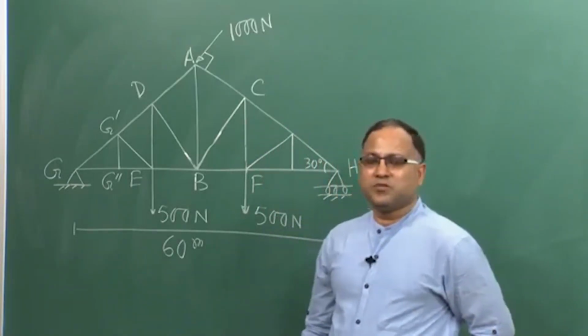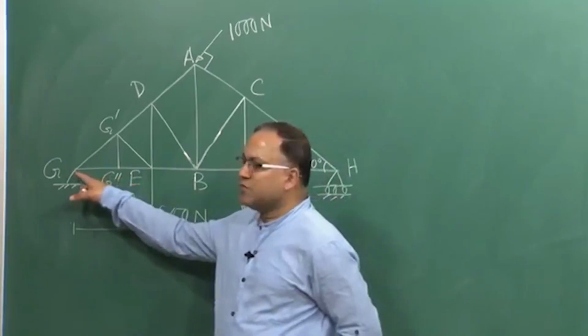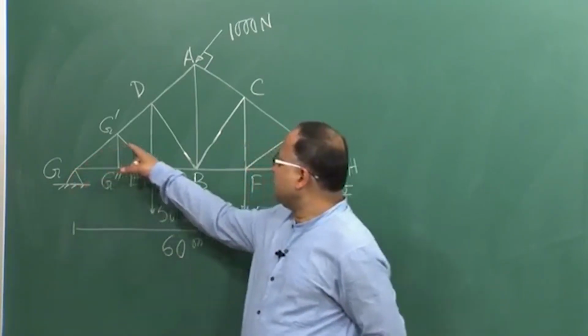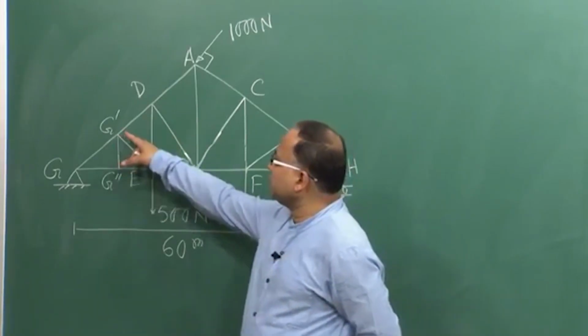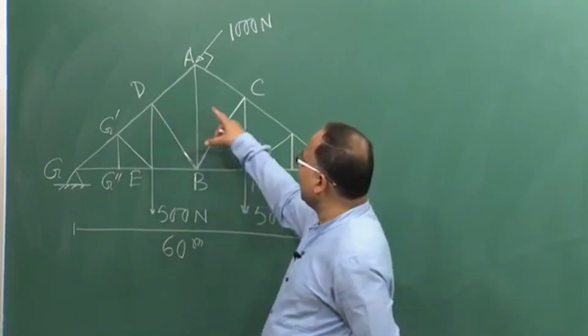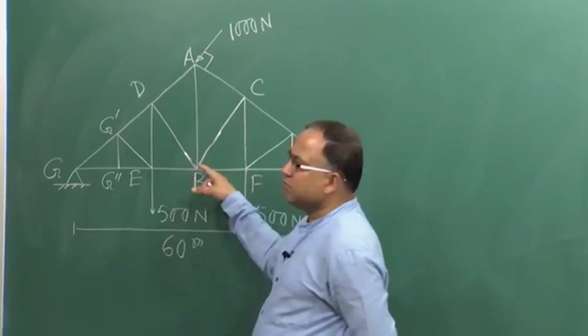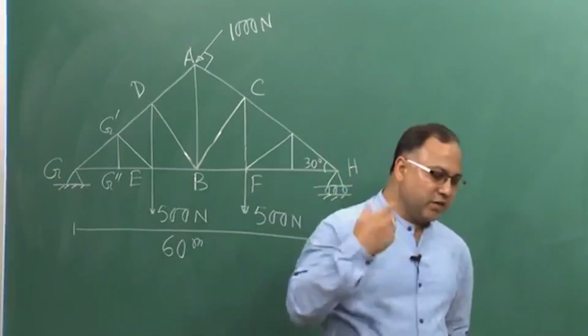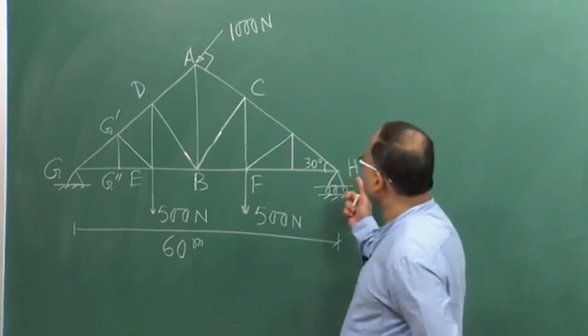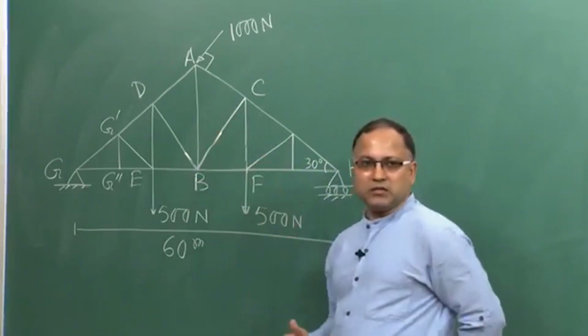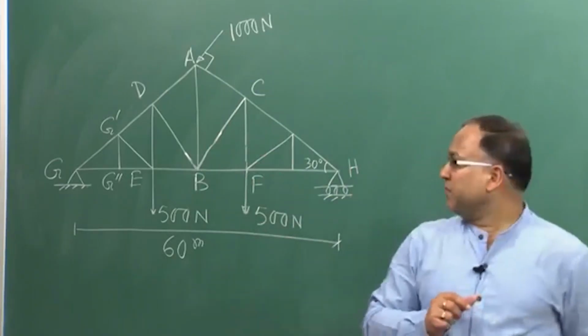What do you need to do in the method of joints? You have to start from joint G and gradually proceed from joint G to G prime, then G double prime and so on, up to A or B, whichever joints you consider, and then you find out the unknown force AB. Or you can move from H and then gradually move to member AB.